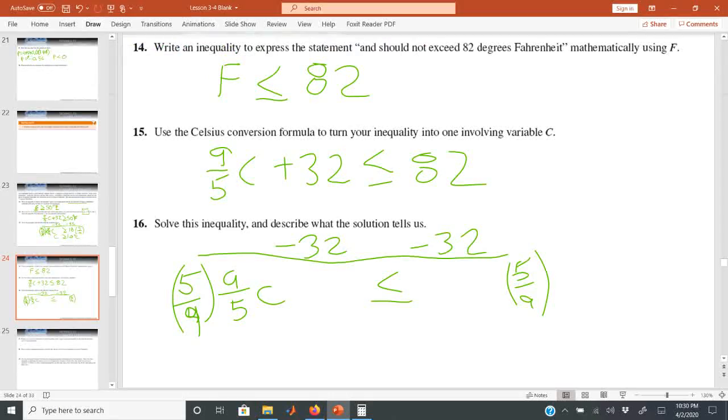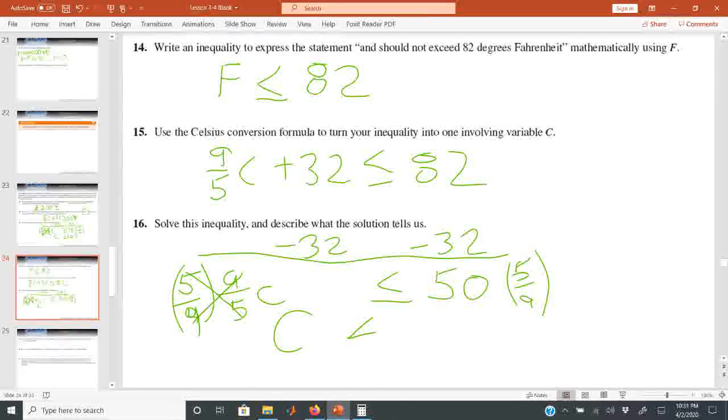Okay. 82 minus 32 is 50. Multiply both sides. Multiplying 5/9 times 9/5 gives us 1, which is 1 times C gives us C.